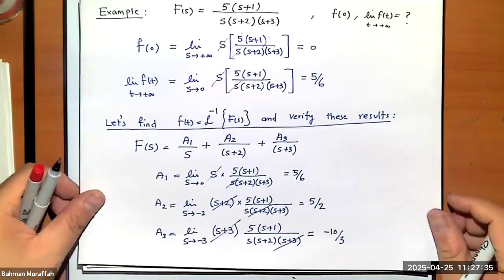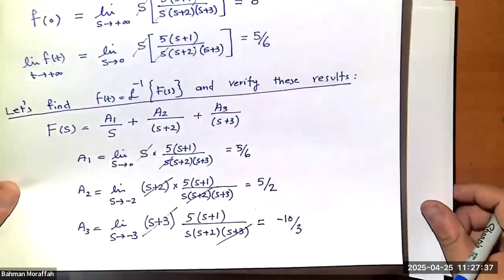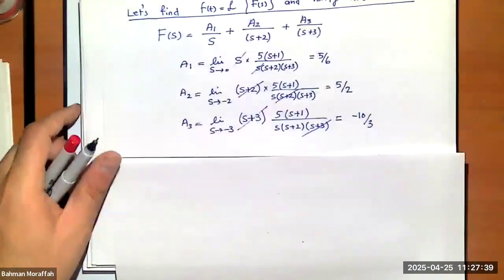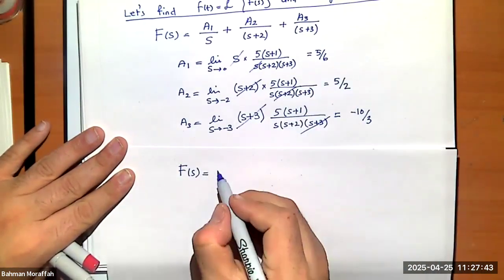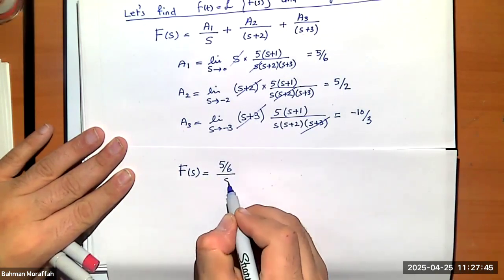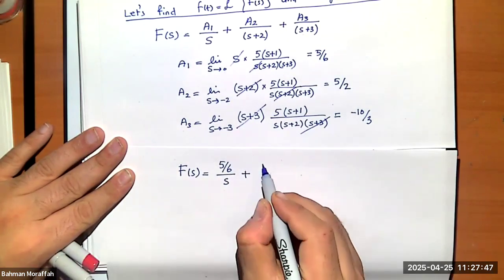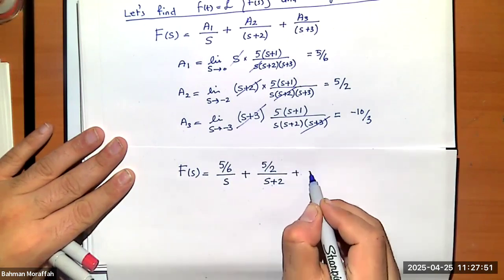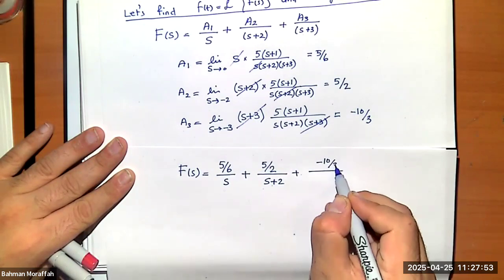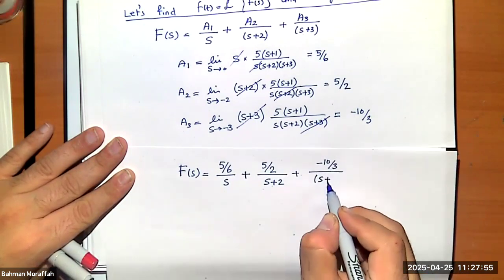Therefore, I know exactly what F of s is: 5 over 6 divided by s, plus 5 over 2 divided by s plus 2, plus negative 10 over 3 divided by s plus 3.